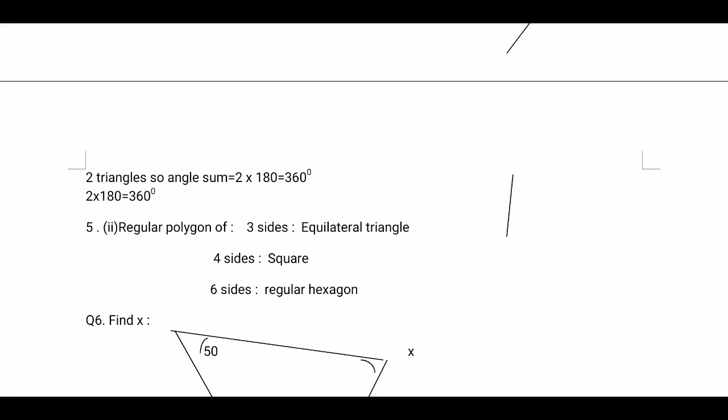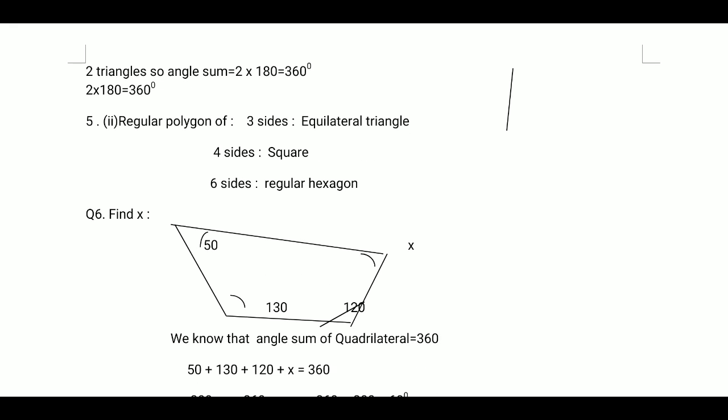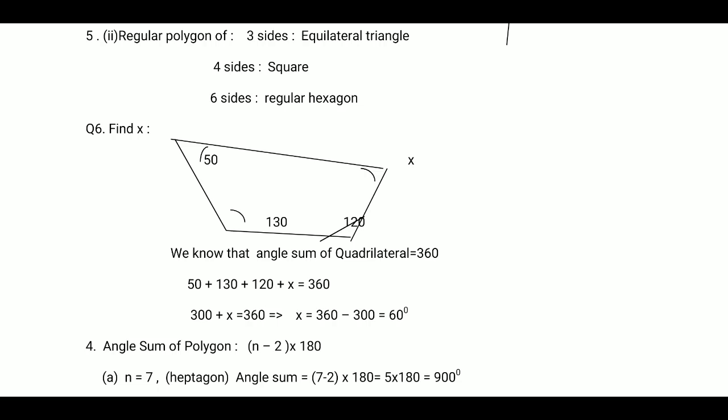Now question number 5 is there for regular polygon. So 3 sides are there, and regular means all sides and all angles equal, so that will give you an equilateral triangle. And in case of a 4-sided figure, the regular figure will be a square, and in a 6-sided figure, the regular polygon will be a regular hexagon.